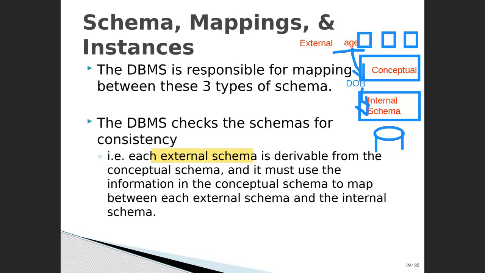So age in the external subschema will be calculated and derived from the date of birth, and this is mapped with whatever is described in the internal. Get the point? This is how the database management system manages to map between these three schemas, all right, or these three levels.